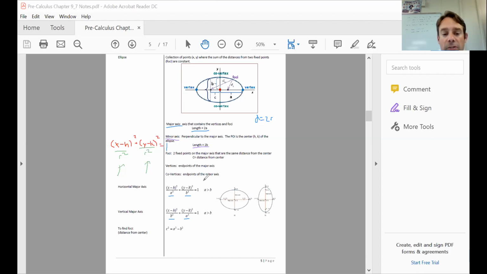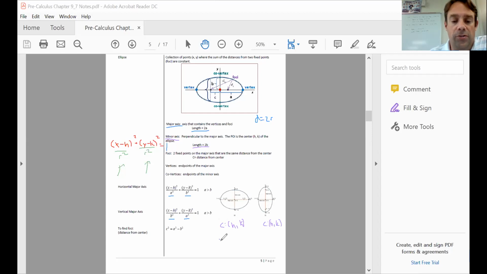And just like we said here, C is the distance from the center. So we have some points here that we need to make sure that we remember as we go through this, friends. If I ever want to find my center, it's always going to be H and K. So whether it's horizontal or vertical, that never is going to change.